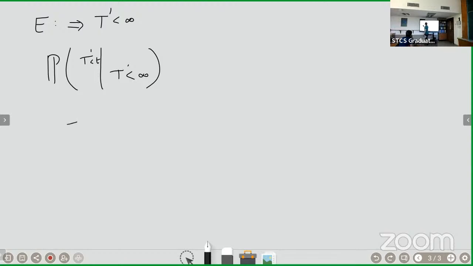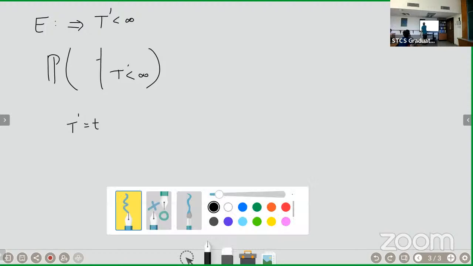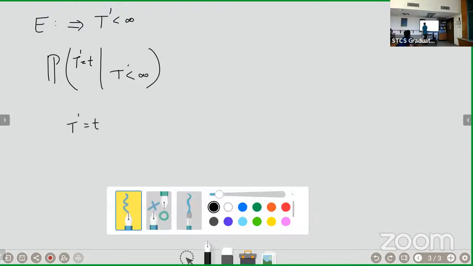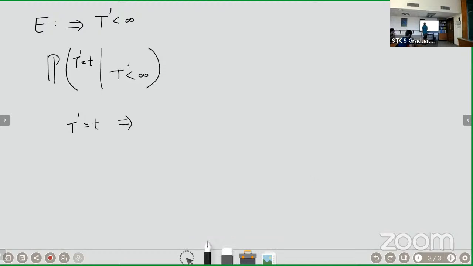So T prime equal to T. What does it mean in terms of our process? It means that X1 plus X2 plus up to XT should be equal to T minus 1.